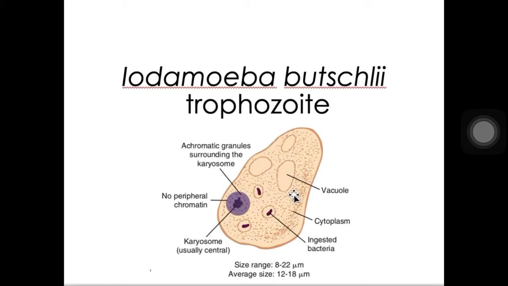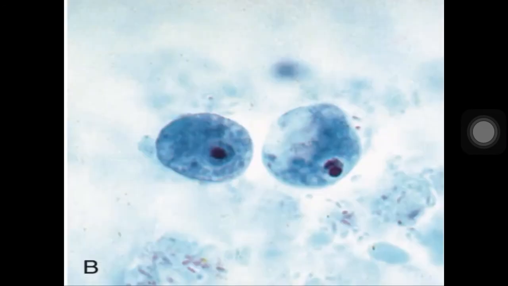Pero this one po, based on the references, sources na pinagkuhanan ko, this one is your Iodamoeba buetschlii trophozoite. Pero siguro better din if they will give additional information, like sabihin nila na may presence po ng achromatic granules surrounding the karyosome, and that is true for your Iodamoeba, tama? So ayun, tapos wala rin po siyang presence ng peripheral chromatin. Okay?